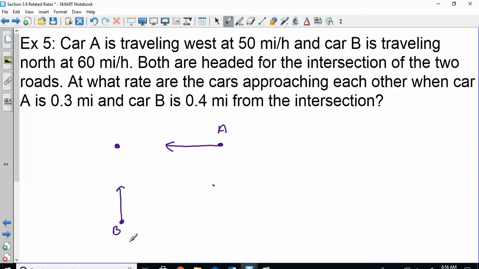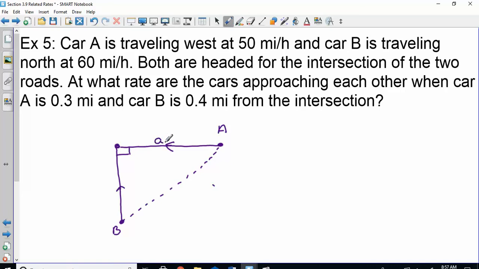At what rate are the cars approaching each other when car A is 0.3 miles and car B is 0.4 miles from the intersection? Okay, so let's go ahead and extend these to make a triangle. This would have to be a right angle because this one was north, that's west.